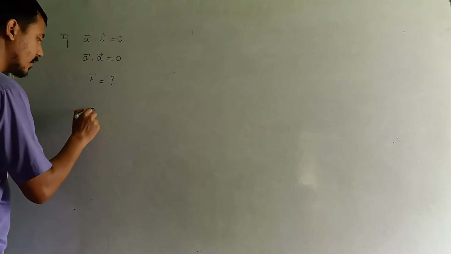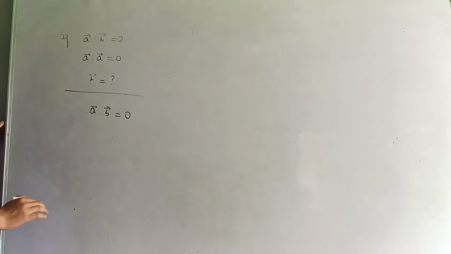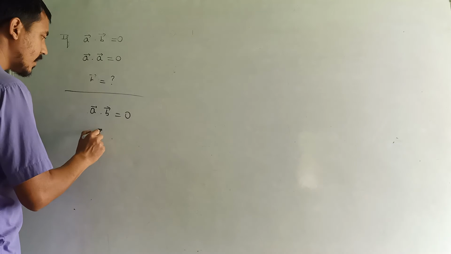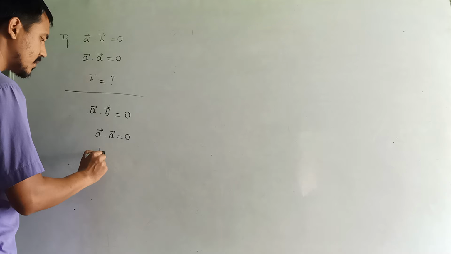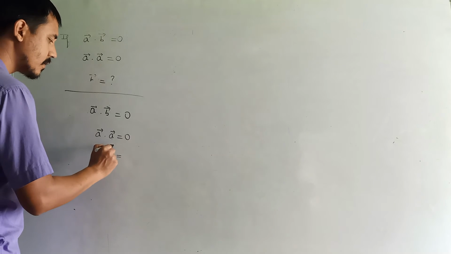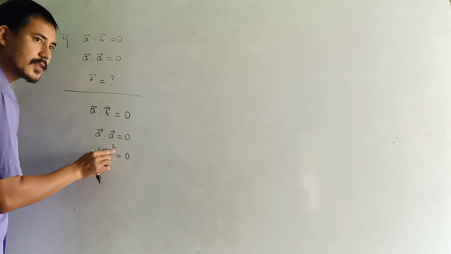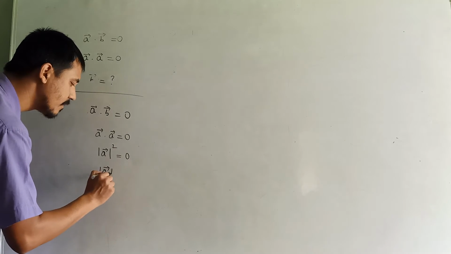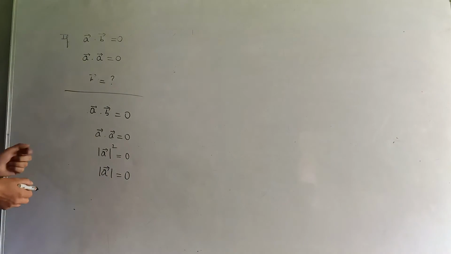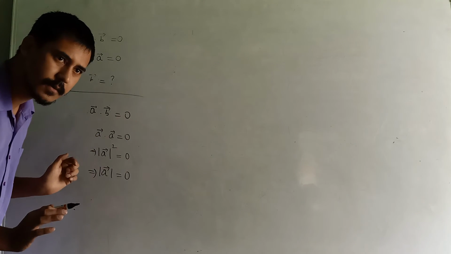A dot B is 0, that is the first given thing. And A dot A is also 0. A dot A means magnitude of A square is 0. Magnitude of A square is 0 implies magnitude of A is 0.